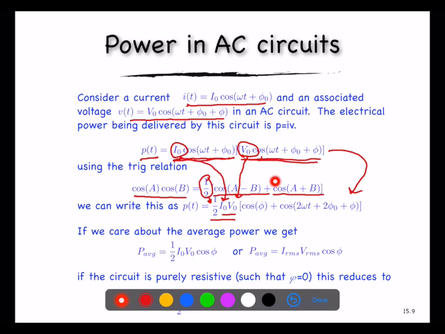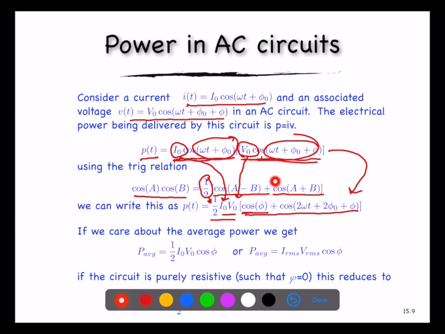And then I get this expression that has the sum and difference of the cosines. So if I take the difference of these two arguments, the omega t plus phi naught cancels out, and I just get this cosine of phi, where phi was the difference in phase between the current and the voltage, if there is one.